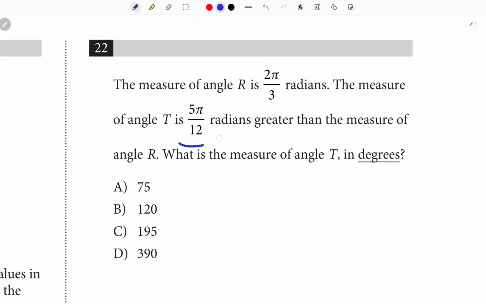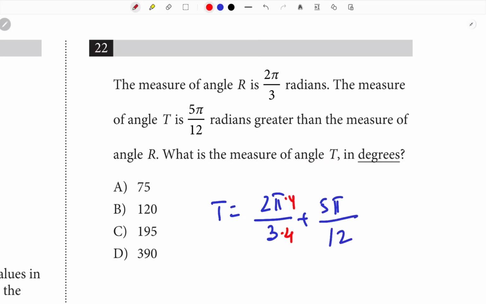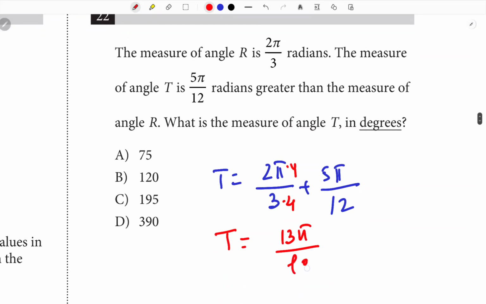T is 5 pi over 12 greater than R. So T is equal to angle R plus 5 pi over 12. Okay, times 4, T is equal to 8 plus 5, 13 pi over 12.